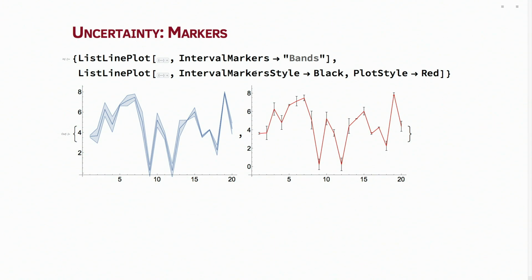And then the interval marker style allows us to control the normal parameters of how the markers are drawn, so thickness and color, and if I wanted to make them dotted for some reason, I could. By default, they're going to inherit from the plot style, but you have full control and probably even more control in future versions.